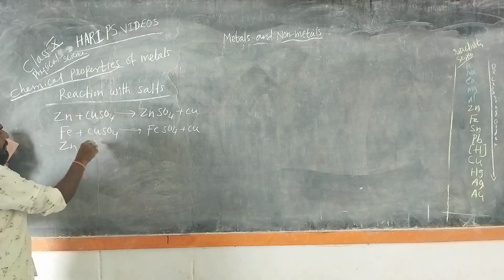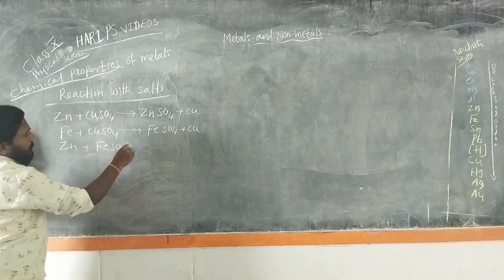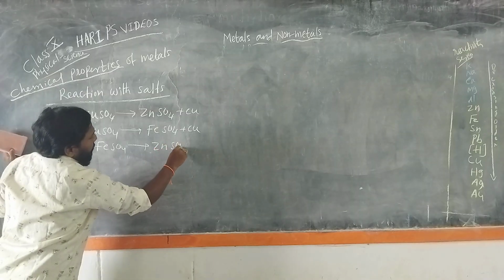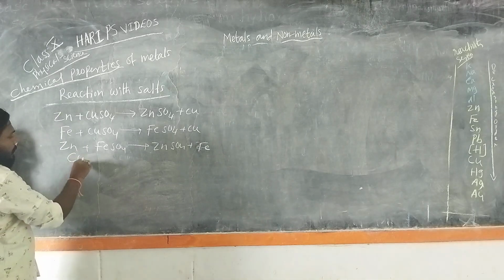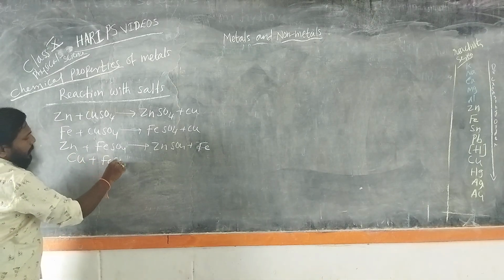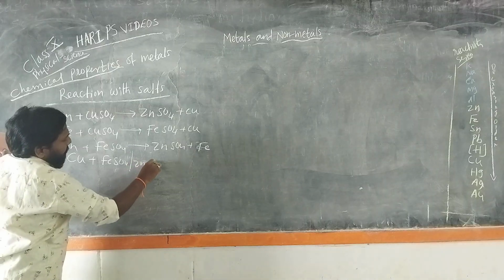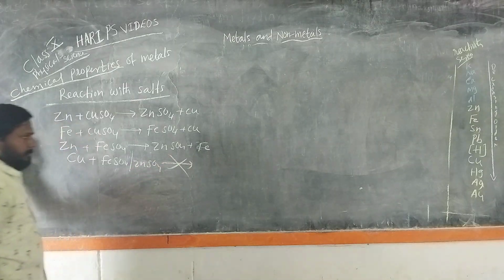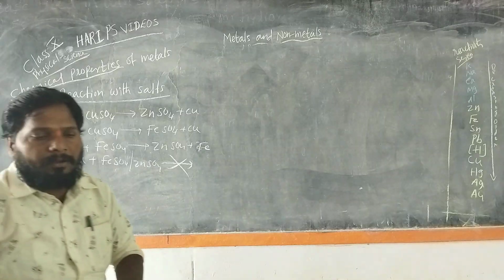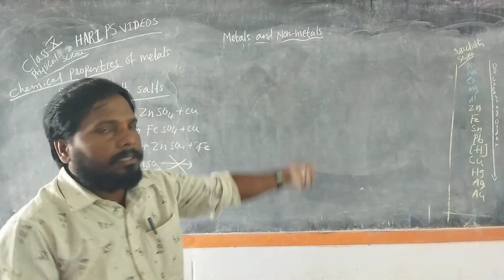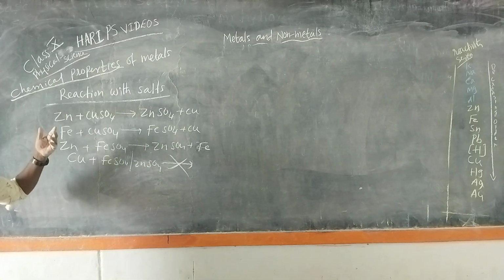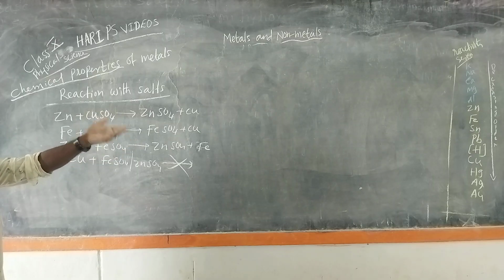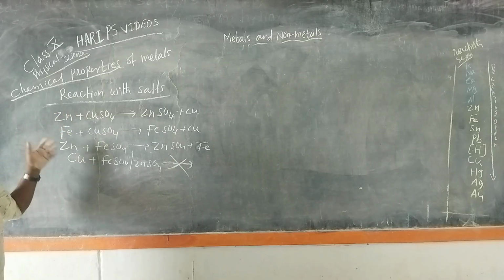Then zinc is added into iron sulfate solution, it gives zinc sulfate plus iron. Whereas when copper is added into either iron sulfate or zinc sulfate, there is no reaction. Because, as per the reactivity series, zinc and iron are more reactive than copper, whereas copper is less reactive than iron and zinc.